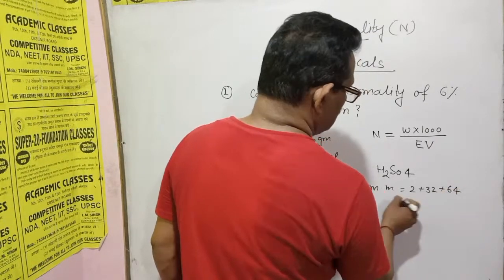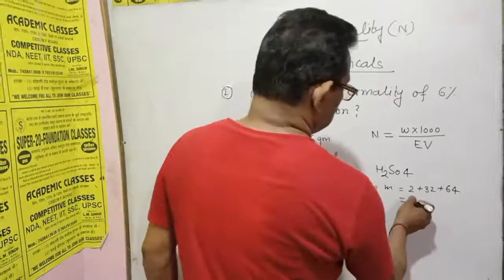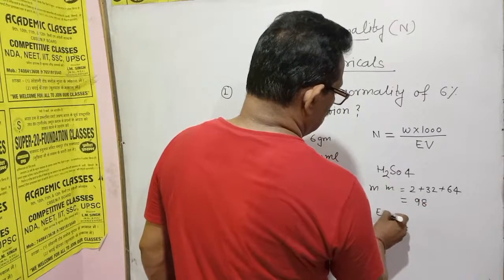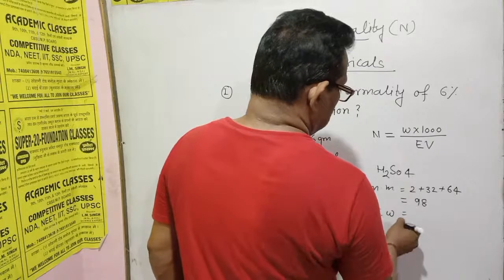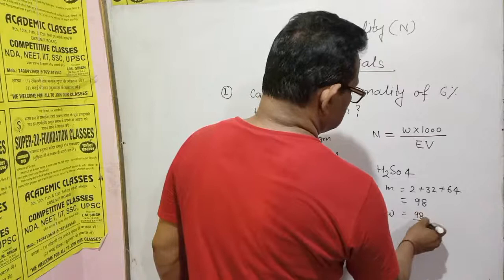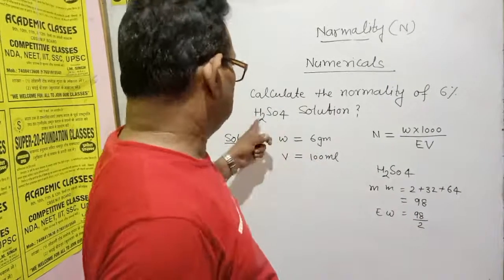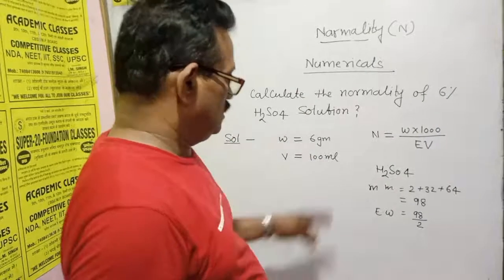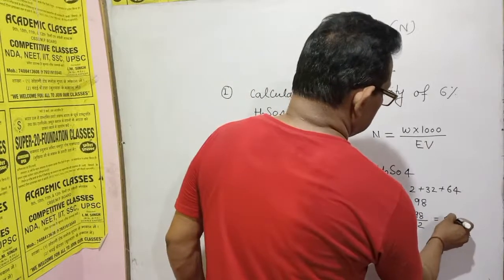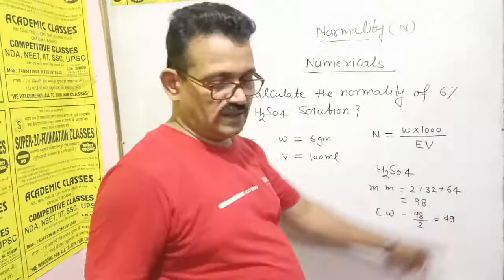Then total molar mass is 98 and the equivalent weight equals 98 upon the valency of hydrogen. In H2SO4 hydrogen is 2, so valency will be 2. Then this is 49. Equivalent weight is 49.